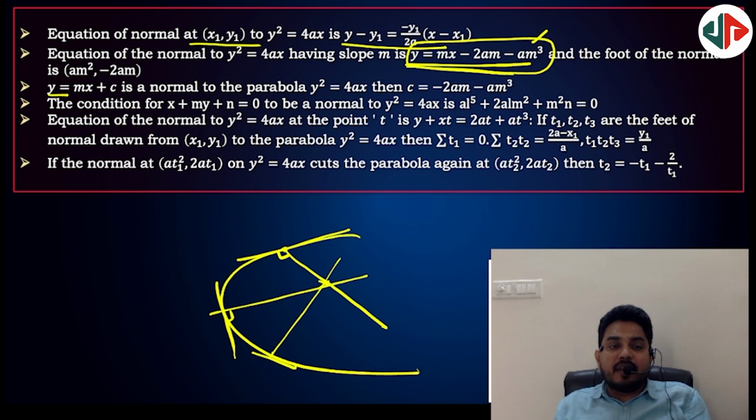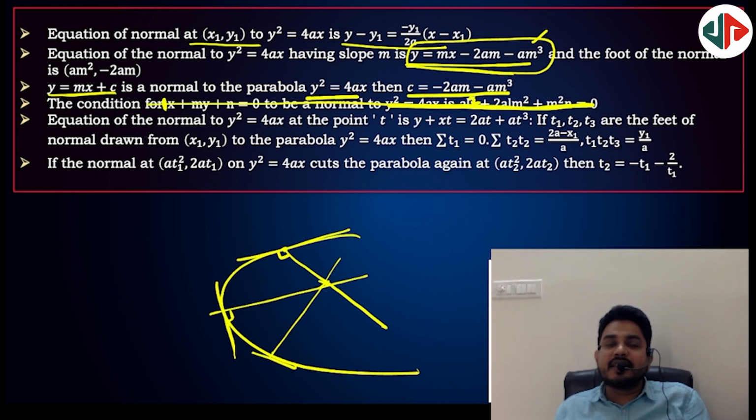Now y is equal to mx plus something is the normal to the parabola. This is the condition for lx plus my plus n equal to 0 to be normal to this one: al square plus 2alm and so on. I'll not suggest you remember this one.